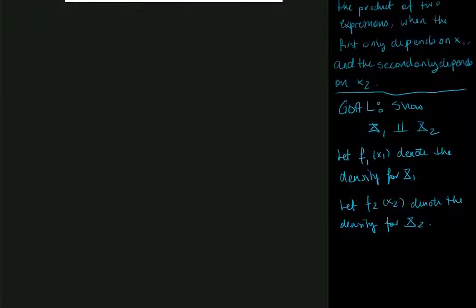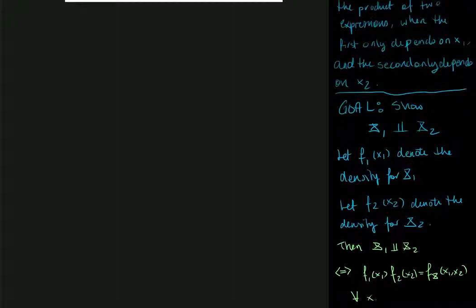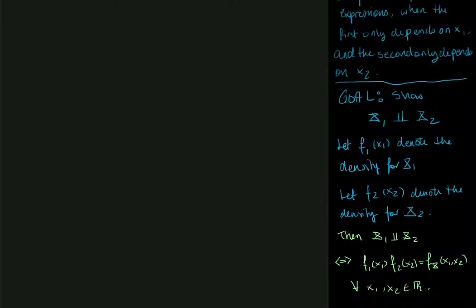Then we know that by definition of independence, x1 and x2 are independent if and only if the marginal density of x1 multiplied by the marginal density for x2 is equal to the simultaneous density fx of x1, x2 for all x1 and x2 in R. So what do we actually have to show?